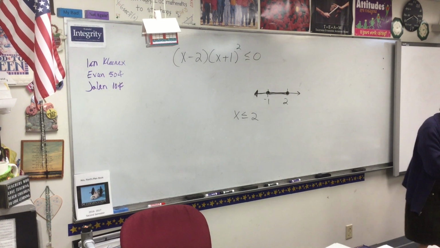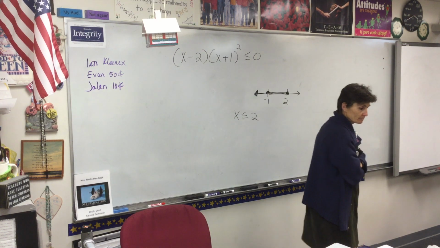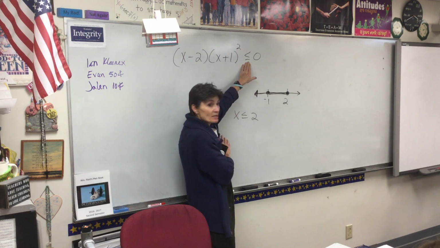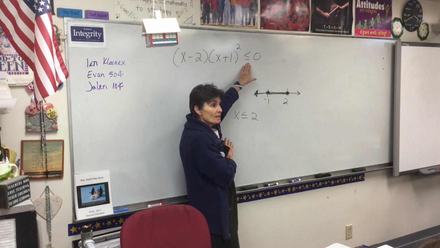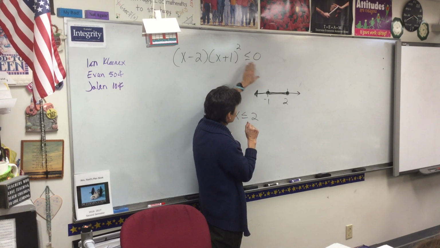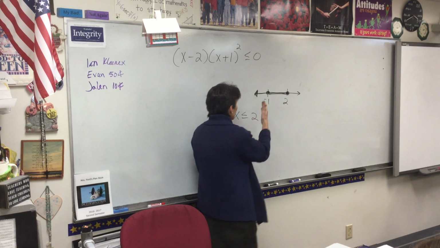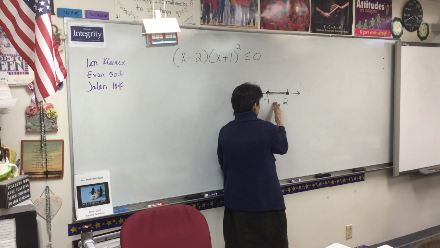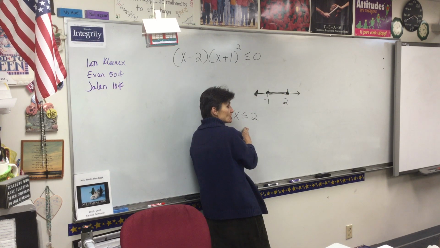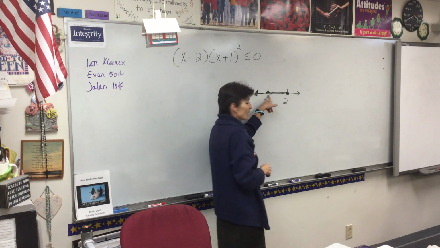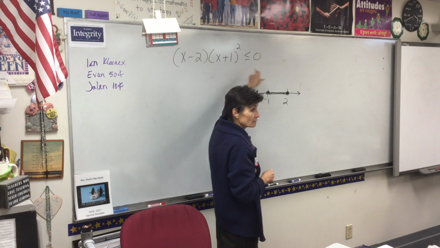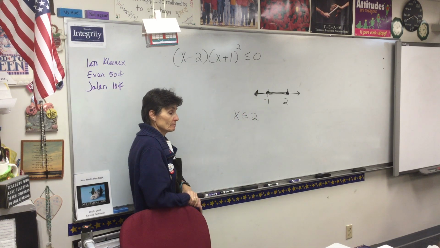What about you at your seats? Is -1 filled in? -1 is filled in because in this problem, everything's filled in. This is a little bit different than the one we did on the practice test, because on the practice test, the dots were open. So when she shaded in these two consecutive regions, that dot was actually filled in, so everything less than 2 was shaded. On the practice test, remember that dot was open? No, it's closed. These are closed dots.